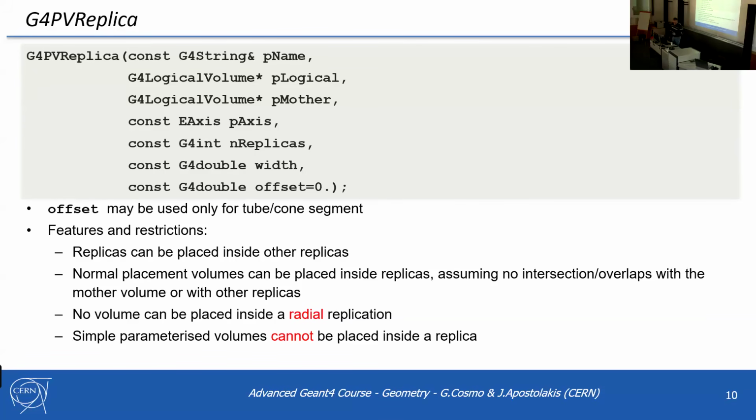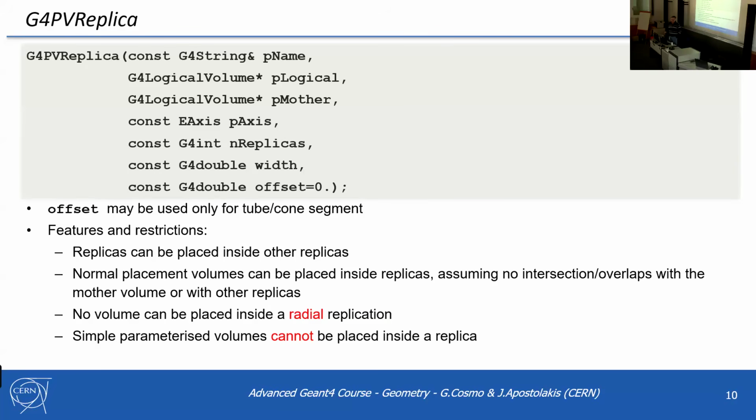So this is the constructor of a PV replica. You have essentially as arguments the name of the volume, the pointer to the logical volume of the slice, and the pointer to the logical volume of the mother.